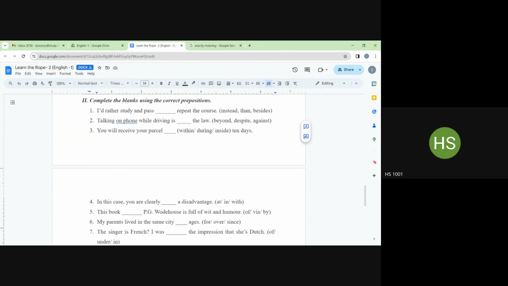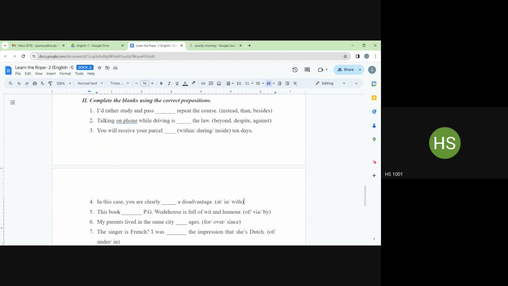If it is instead, then you will have to follow it up with "of", instead of. Yes, correct. But more than that, the meaning is very different. Instead is when you're replacing something else. Here we are not replacing anything. It's not like you're giving any option. You're giving the condition. So, I'd rather study and pass than repeat the course. So than is the right preposition to be used there.